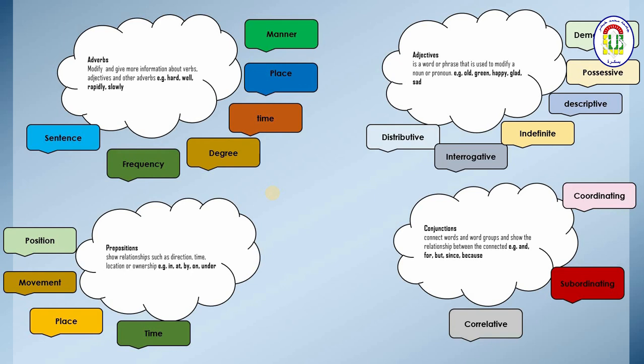All of them are normally studied individually, but not to be used individually, of course, but to be used in context, in the sentence, in our discourse, whether spoken or written. So these are normally the parts of speech in English that we have.